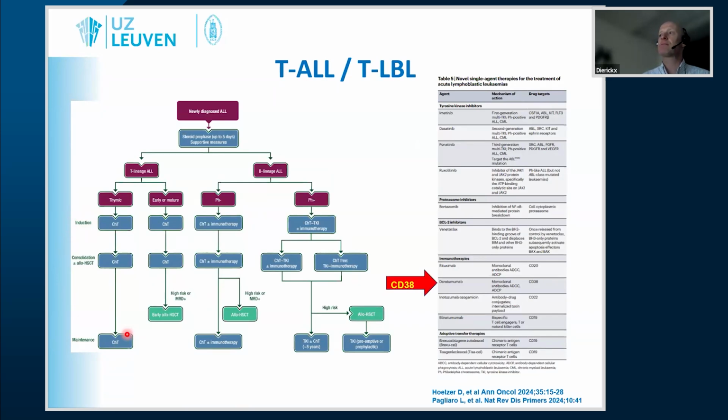The only immune therapy we might have in the future is monoclonal antibodies against CD38, because blasts, both B lymphoblasts and T lymphoblasts, express CD38 in the majority of cases. But at this point, it's not reimbursed yet for ALL.